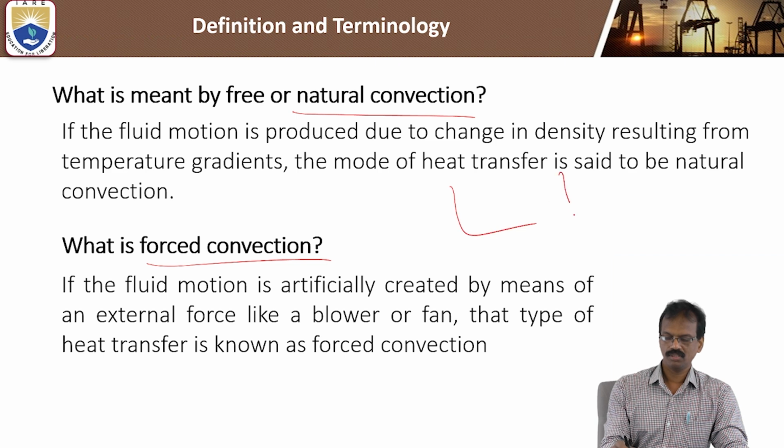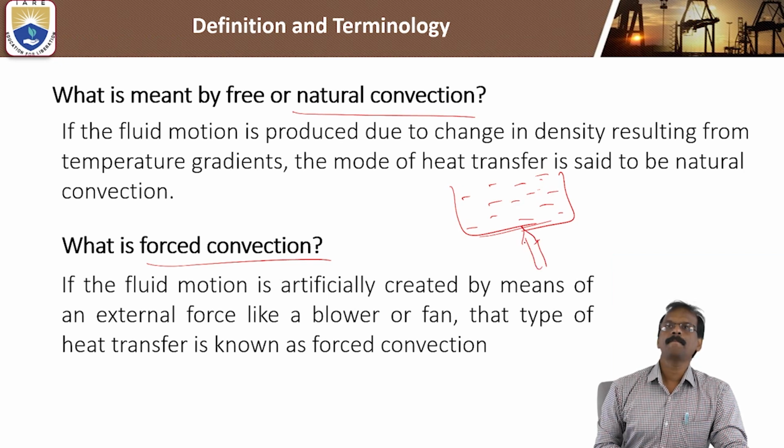You know this one. This is the container, and water is here. If you give heat to this container, the particles very near to the bottom surface of the container will be heated first.